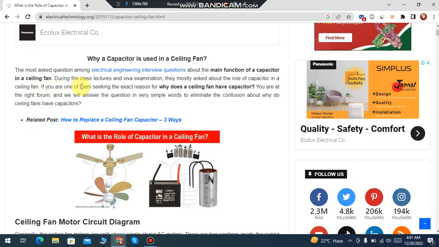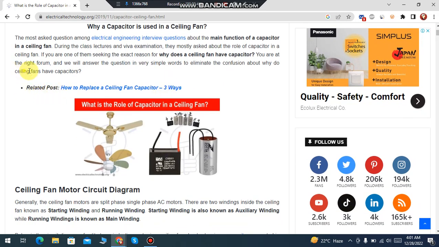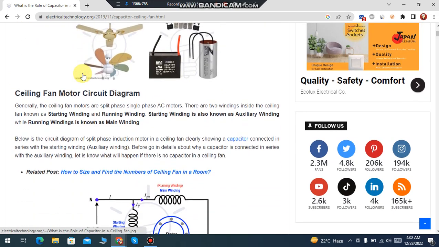If you are one of them seeking the exact reason why a ceiling fan has a capacitor, you are in the right forum, and we will answer the question in very simple words to eliminate the confusion about why ceiling fans have capacitors.